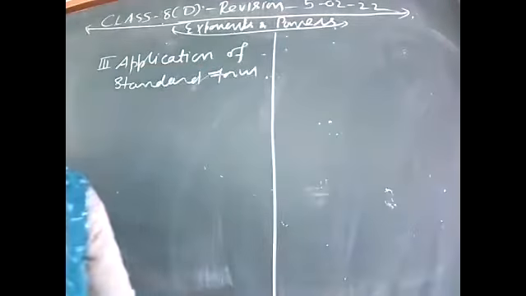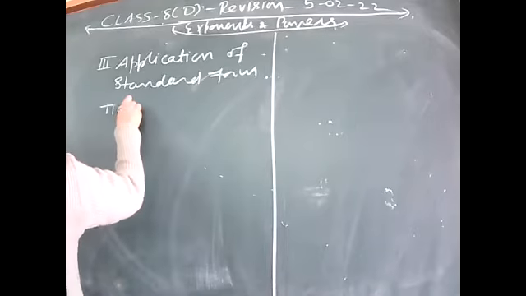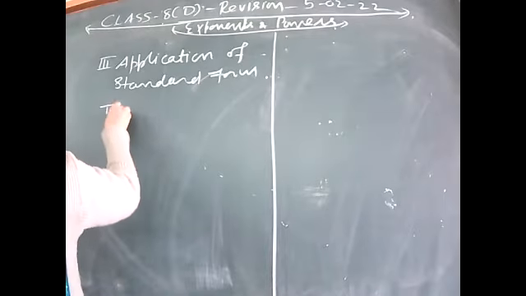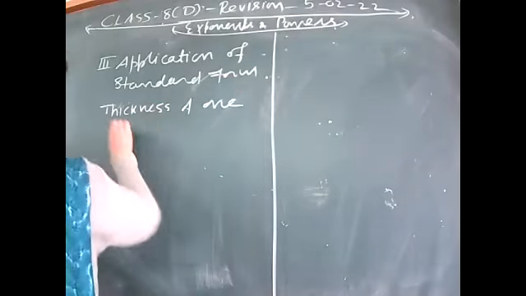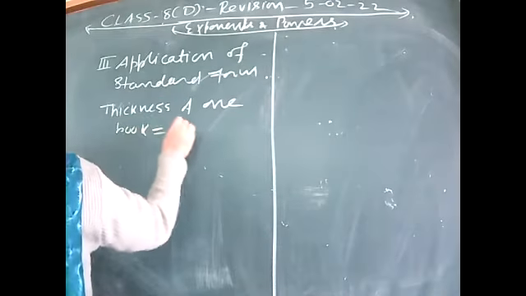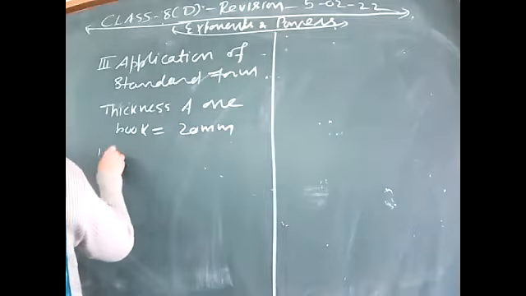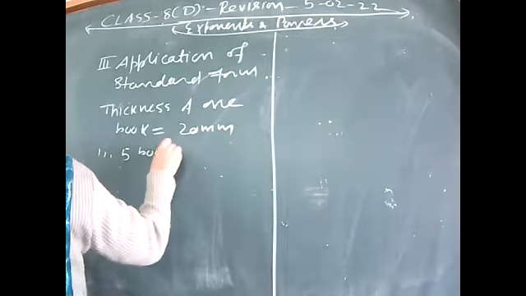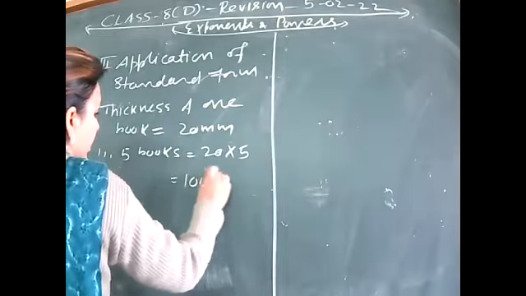In the stack there are 5 books in total. Thickness of one book is 20 mm. So thickness of 5 books is 20 into 5, that is 100 mm.